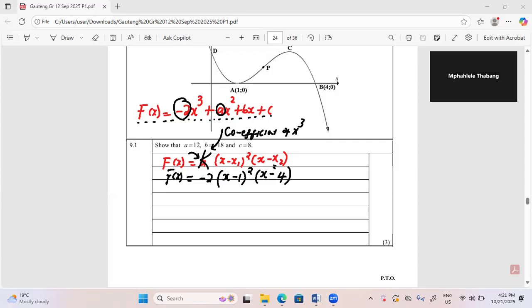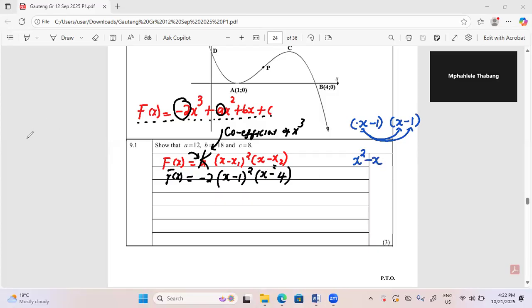We can continue. Yes, I was saying, let us expand x minus 1 squared multiplied with x minus 4. So I'm going to start with x minus 1 squared, which is the same as x minus 1 times x minus 1. Take this one, multiply with x, and also multiply with negative 1. x times x is x squared. x times negative 1 is negative x.